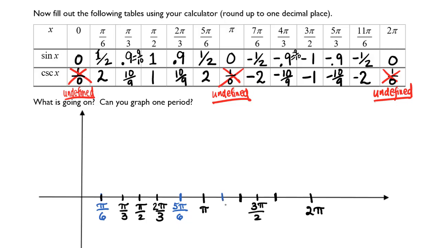Pi over 3, 2 pi over 3, 4 pi over 3, 5 pi over 3. So I had to break the intervals up into thirds for pi and for the interval from pi to 2 pi, which is tricky if you're working on this for your first time.